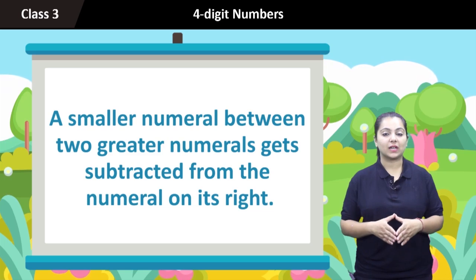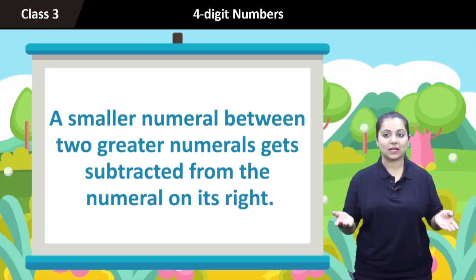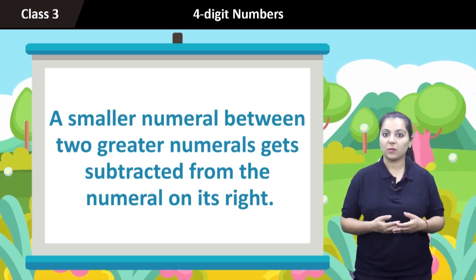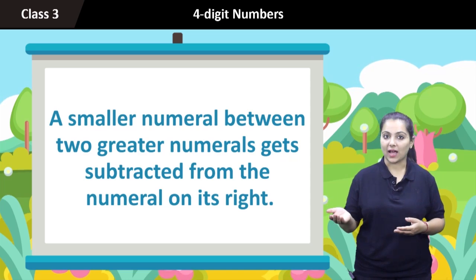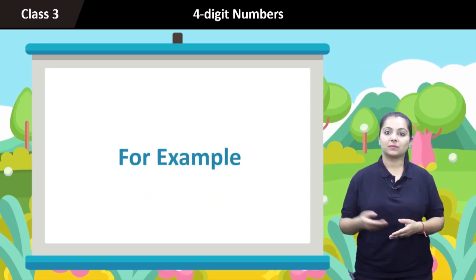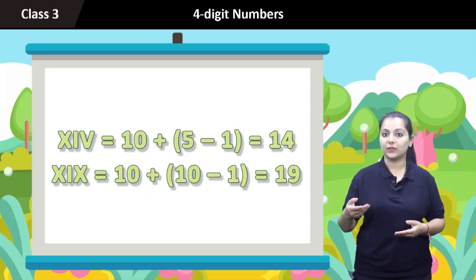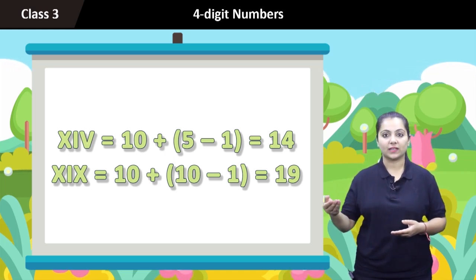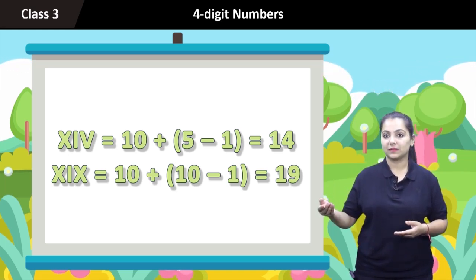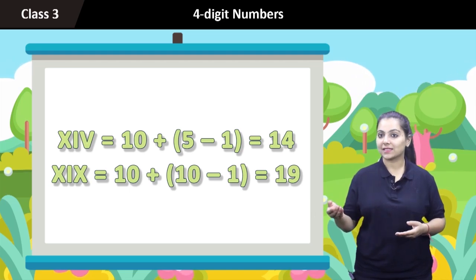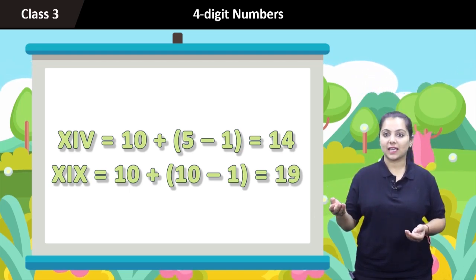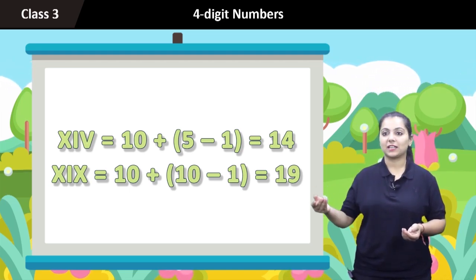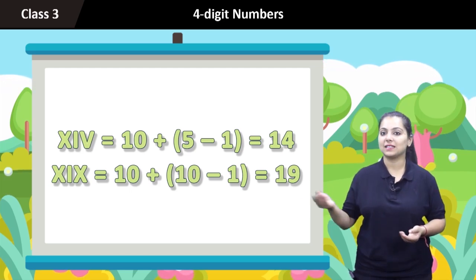A smaller numeral between 2 greater numerals gets subtracted from the numeral on its right. For example, XIV, 10 plus 5 minus 1, that is 14. XIX, that is 10 plus 10 minus 1, that is 19.